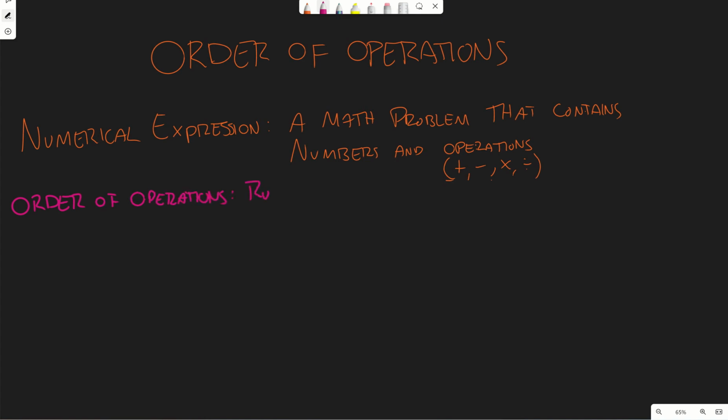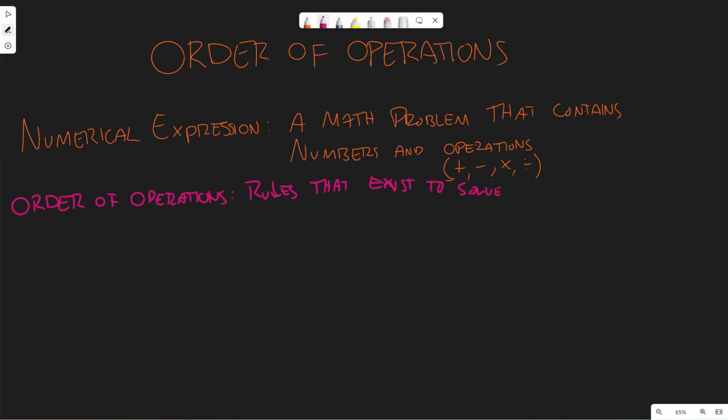These are the rules that exist to solve expressions correctly. Rules that exist in order that we might solve our problems correctly.